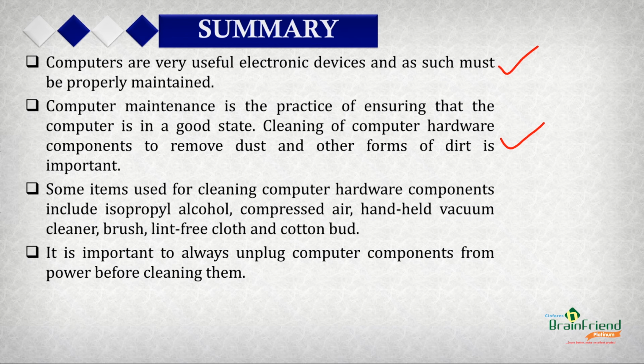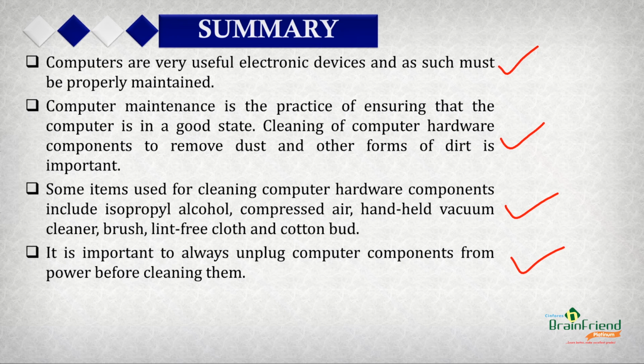Next, we learned that some items used for cleaning computer hardware components include isopropyl alcohol, compressed air, handheld vacuum cleaner, brush, lint-free cloth, and cotton bud. And finally, we learned that it is important to always unplug computer components from power before cleaning them.